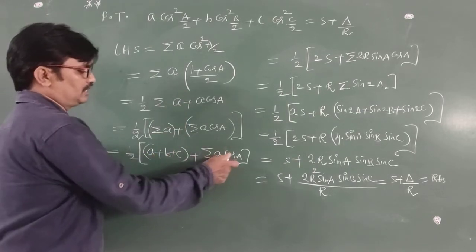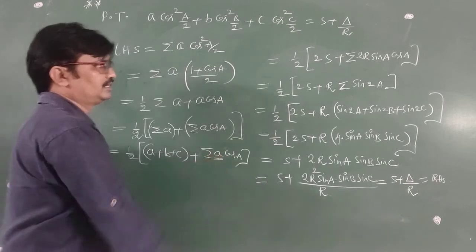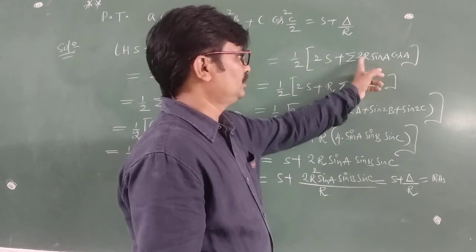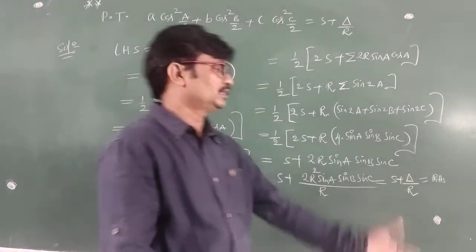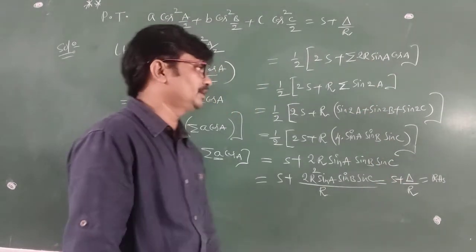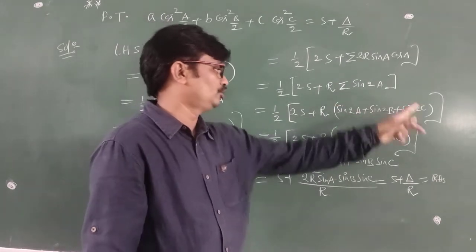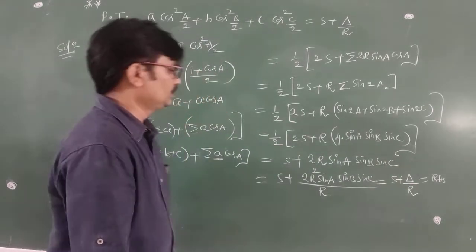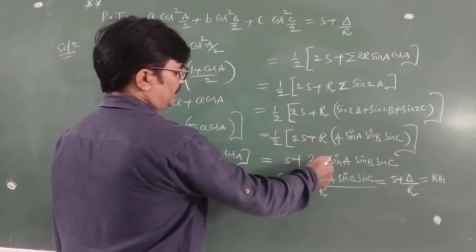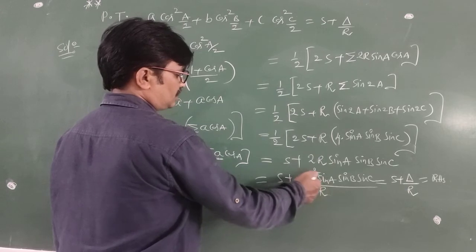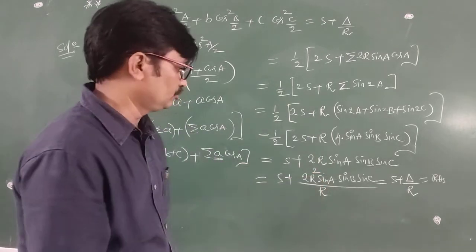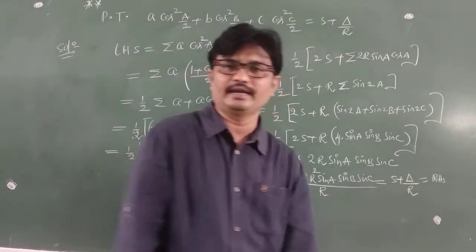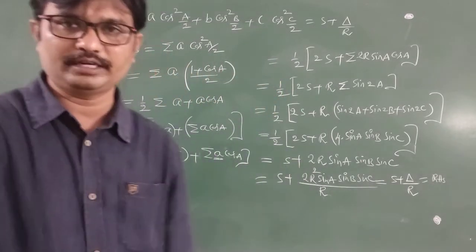From the sine rule, the small a is 2R sin A. Now this is R into the formula of sine of 2A, which is 2 sin A cos A. Now sin 2A plus sin 2B plus sin 2C is 4 sin A sin B sin C. So the 2 cancels. After that we take it as R by R, giving 2R² sin A sin B sin C. This is delta. Therefore s plus delta by R is the required solution.